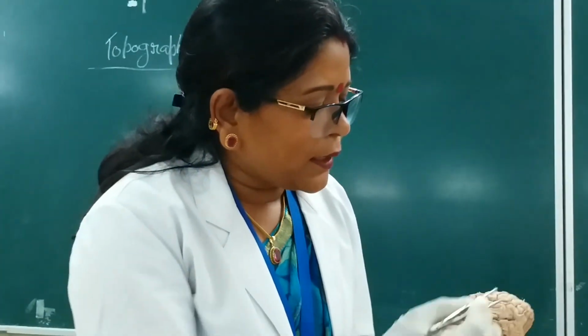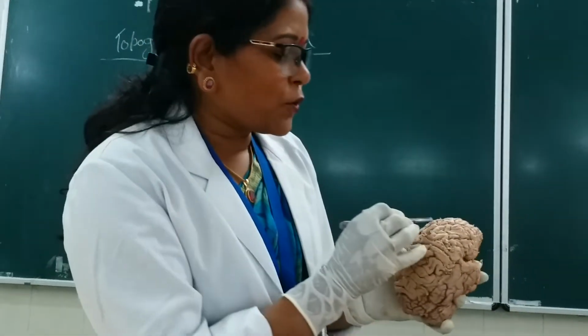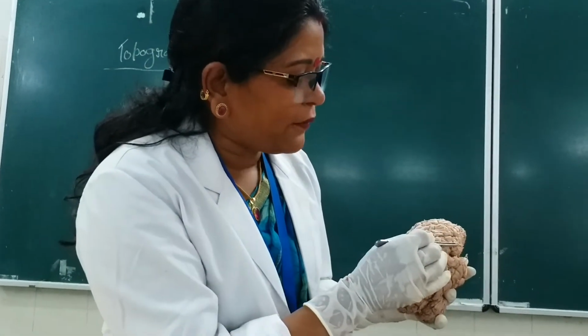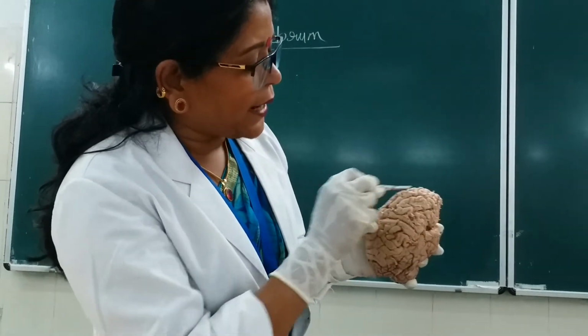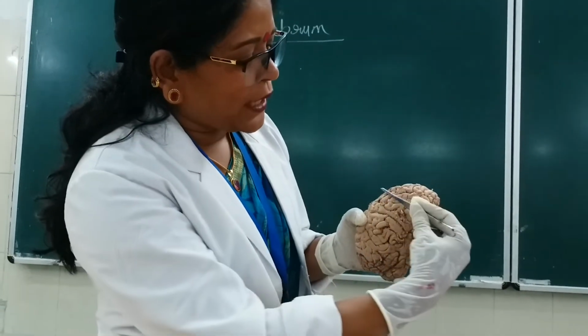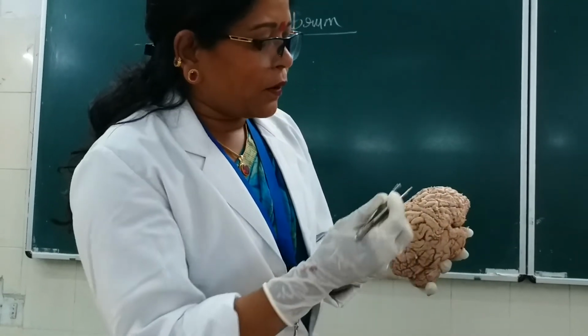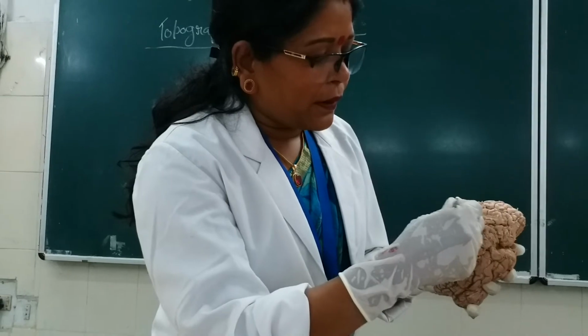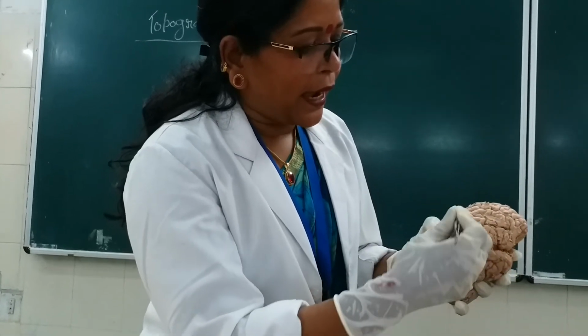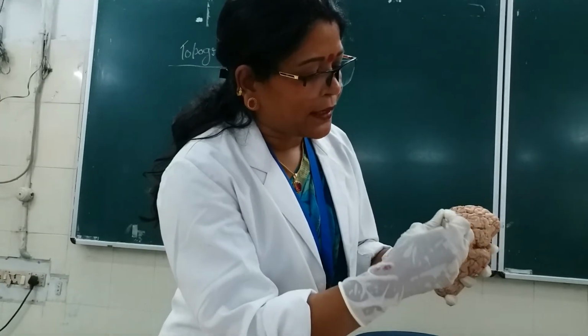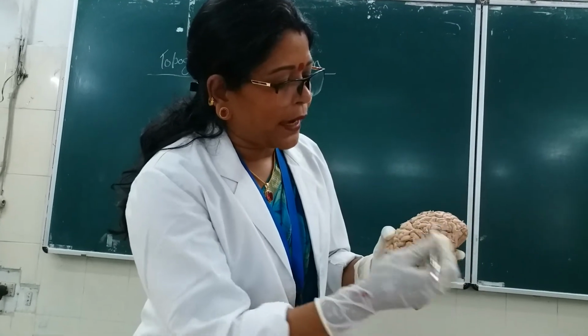Now, just anterior to this precentral gyrus, the posterior part of the superior, the middle and the inferior frontal gyrus, isn't it? All three gyri run anteroposteriorly, and the posterior part of all three goes towards the precentral gyrus.